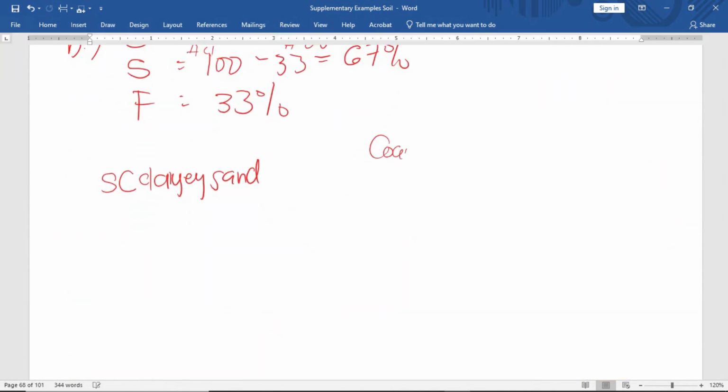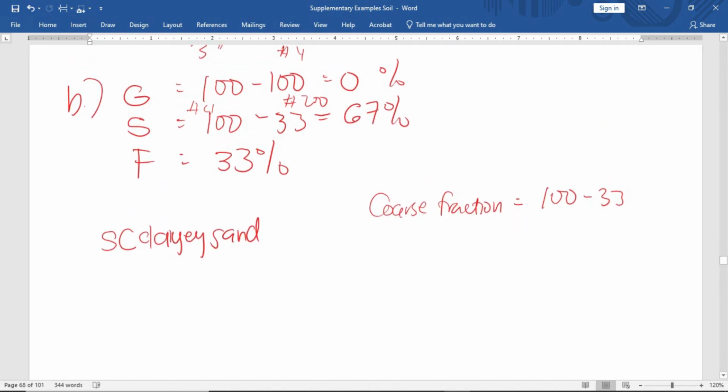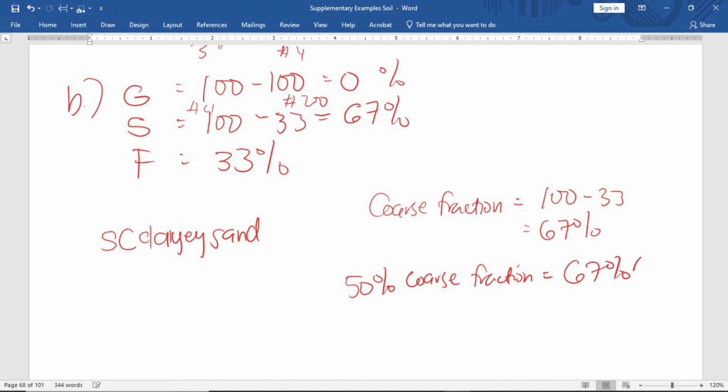Coarse fraction is equal to 100 minus 33, or this is the sand. So, this is 67%. Tapos, ang hinihingi sa atin is 50% ng coarse fraction, which is 67% times 0.5. So, ang sagot natin is 33.5%, which is lesser than 100%.